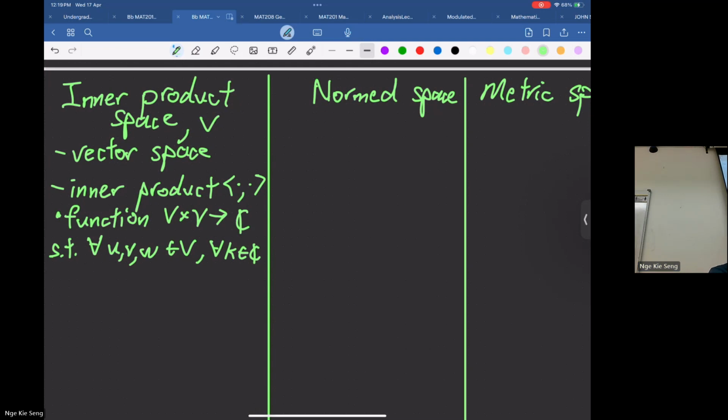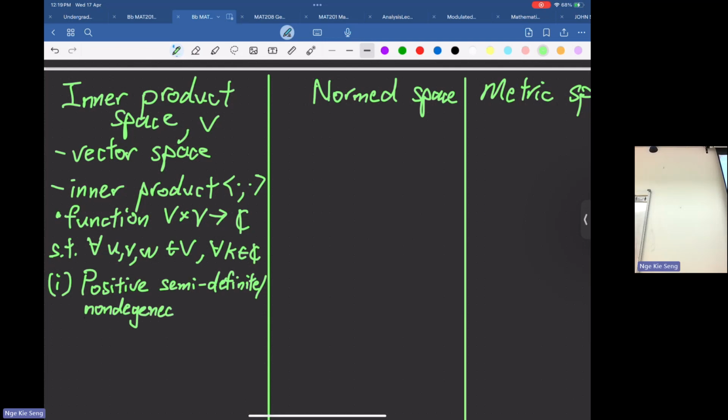What are the properties you need to satisfy? First we have positive semi-definiteness, definiteness, and non-degeneracy. What these words mean, I will write in a second.